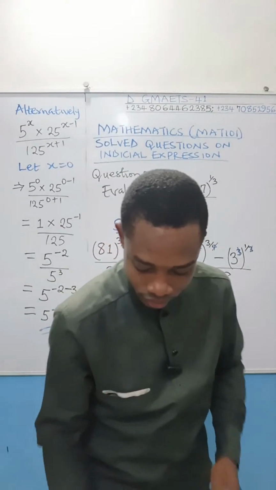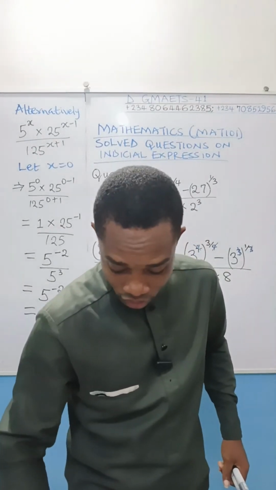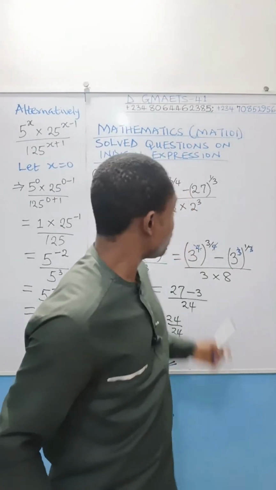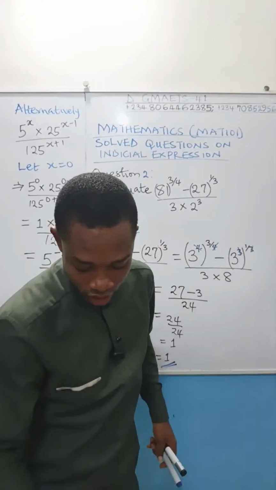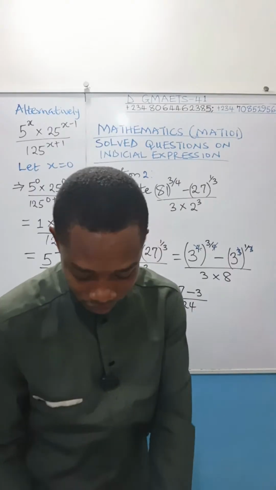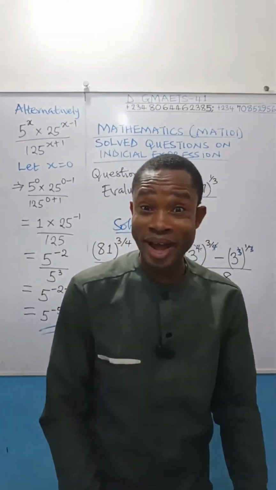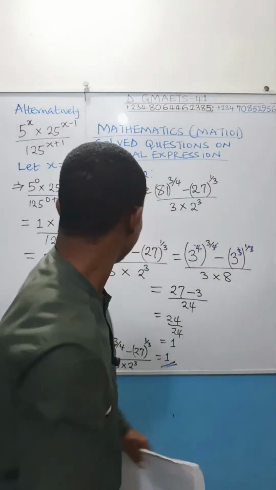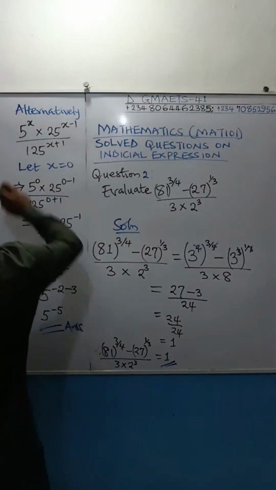All right. I hope you followed the solution to question number 2. If network cut you off, then you have to manage. That is the situation. All right, let us move on to our next question.